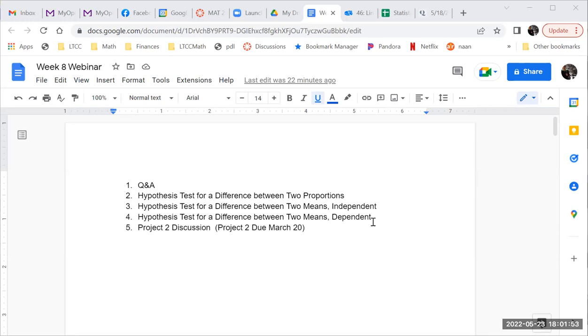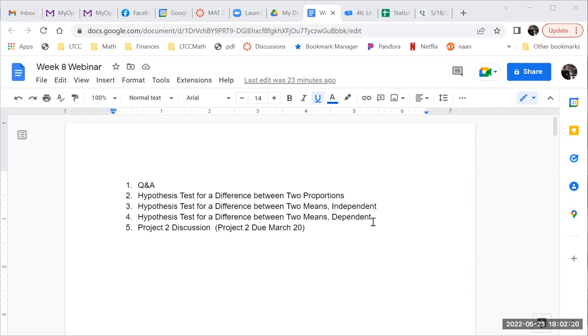Usually you compare this year versus last year, or maybe California versus New York, or men versus women, or whatever it might be. But you're going to be usually doing a comparison between two groups. Or maybe a before and after kind of comparison. How did the person do before they studied versus after they studied, whatever it might be.